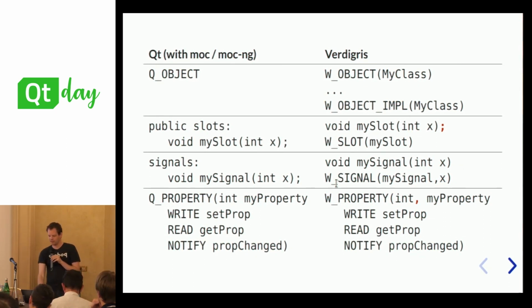This is going to be in the expansion of the W_SIGNAL macro. And the other thing is that you need to repeat all the arguments. So you need to repeat the name of the arguments in the signal macros. And property is almost exactly the same as Q_PROPERTY. The only difference is this semicolon here.